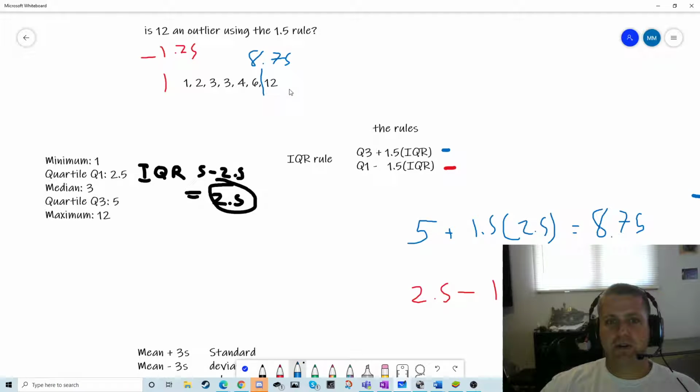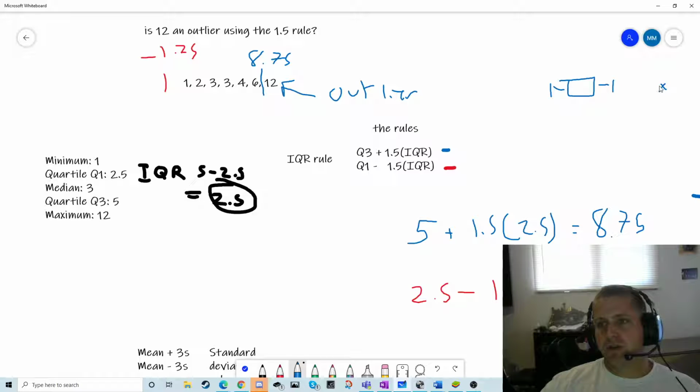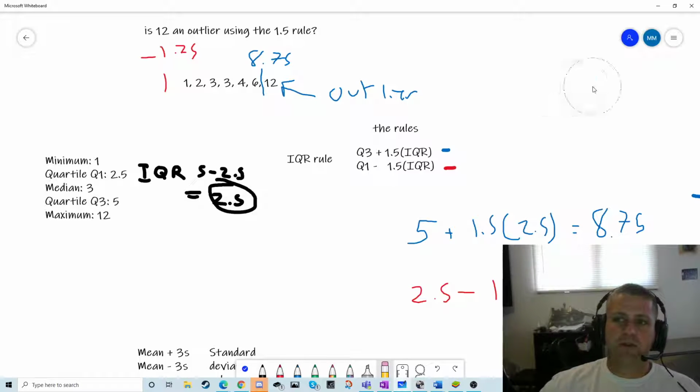This 12 is considered an outlier. If I made a box and whisker plot, I'd have my whole box and whisker, and then the outlier would show as a little point at the top. That would be the 12. That's how you see outliers.